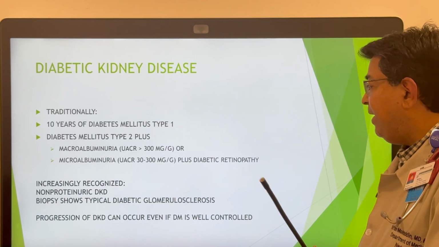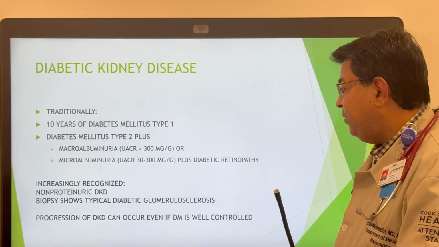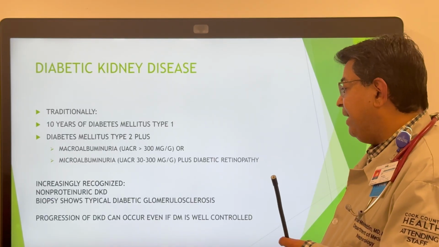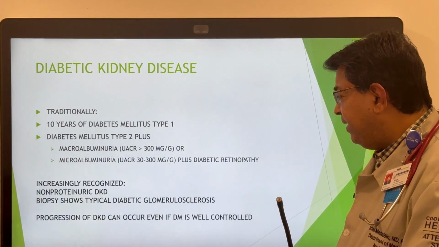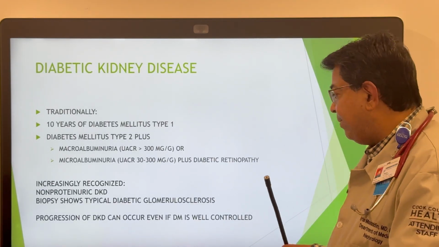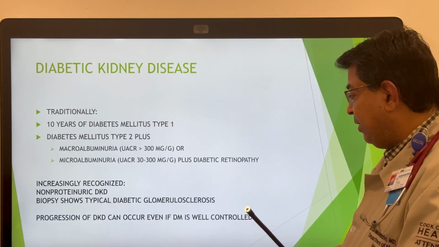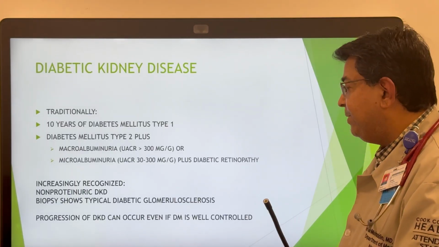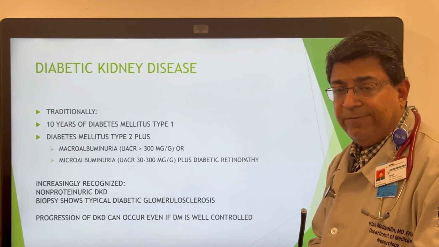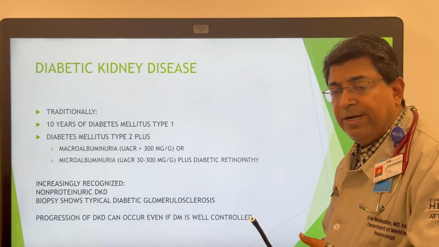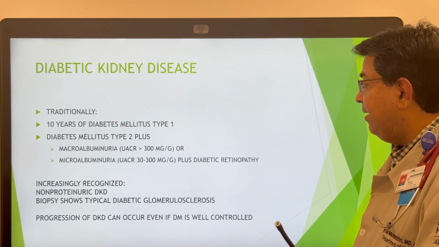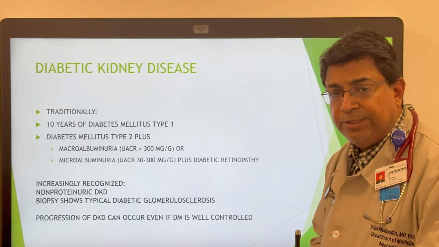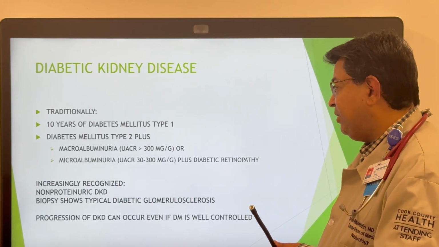If you had microalbuminuria or urine albumin to creatinine ratio of 30 to 300 milligrams per gram or 30 to 300 milligrams per 24 hours, and you had diabetic retinopathy, and some people use other sequelae of diabetes, such as peripheral neuropathy, coronary artery disease, peripheral vascular disease, then you can be reasonably certain that the chronic kidney disease is due to diabetes.